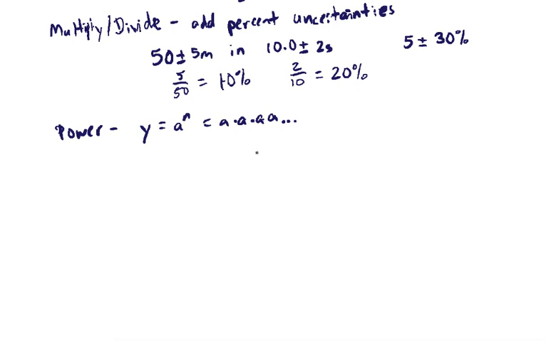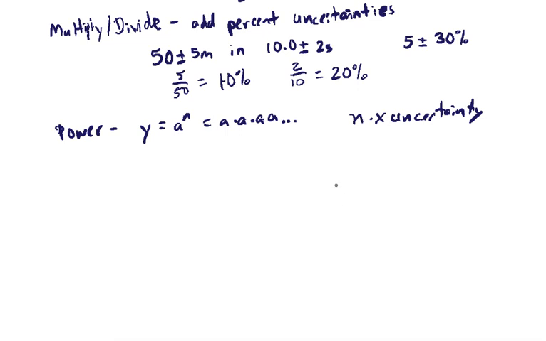Multiplication is repeated addition, and so your uncertainty would just be n times your uncertainty. Whatever your power happens to be, it would be n times that percent uncertainty here again as well.